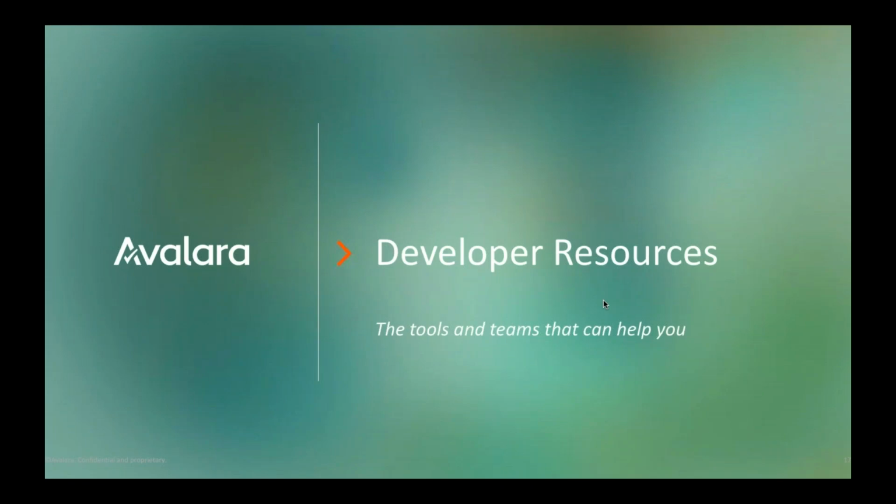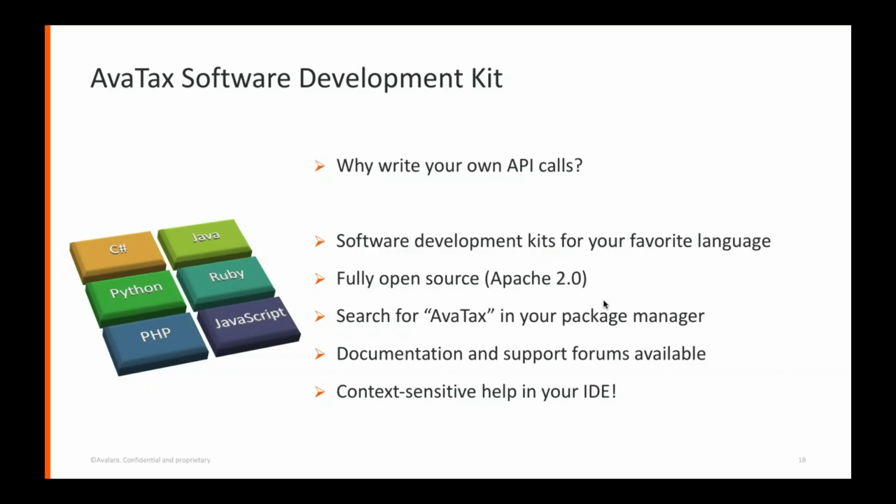So our developer relations team, led by Wayne here, is really eager to help everyone make use of AvaTax. So part of what we do is we publish the software development kits. And Wayne, I know this is something we're actively working on, is updating all of our SDKs to the various languages, right? Yes, we have SDKs in Ruby, C#, JavaScript, PHP, Java.